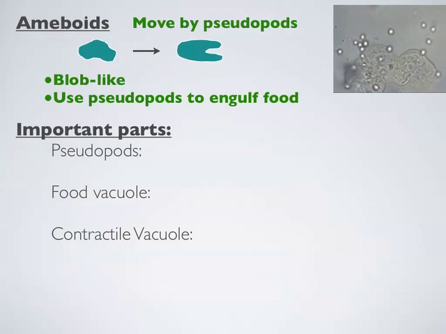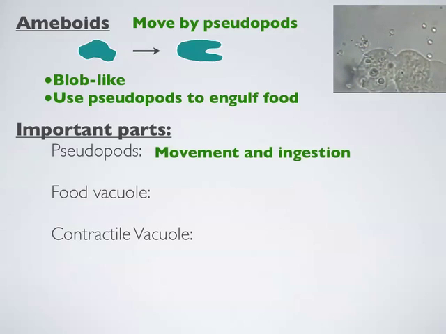The cytoplasm, you could say, streams through there and moves around. So when we think about the amoeba, the parts that we need to know are the pseudopods, the false feet that are used for movement and ingestion of food. Once a food particle is engulfed by the amoeba, where is that food particle now?